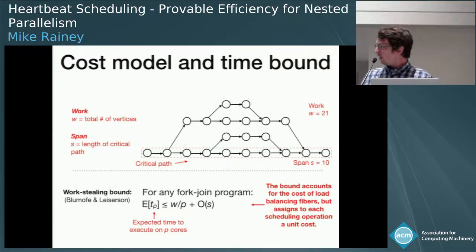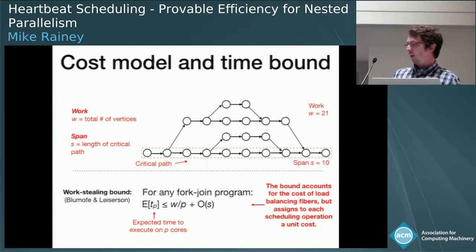This bound upper bounds the execution time of a program on P cores to O of the work over the number of cores plus O of the span. Now, the bound is in expectation because work stealing is a randomized algorithm.